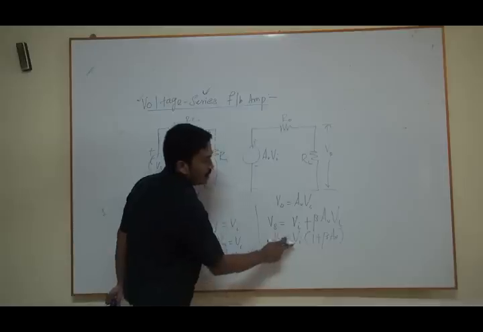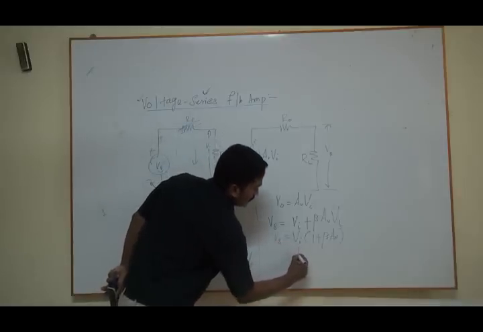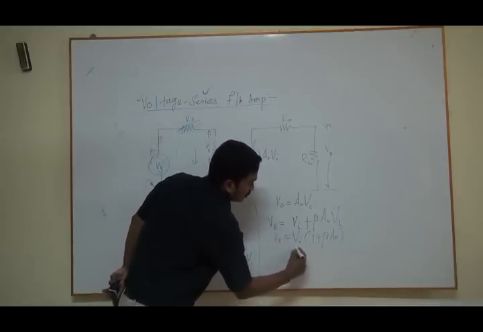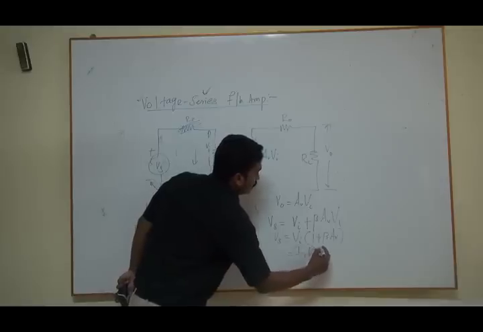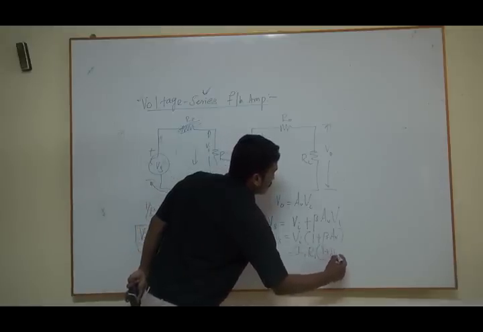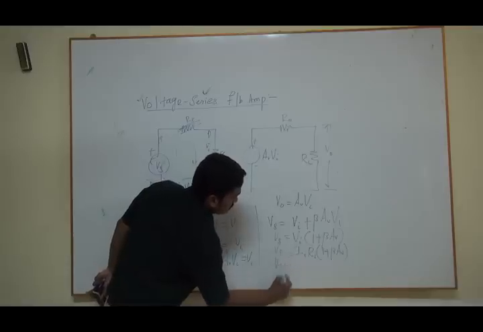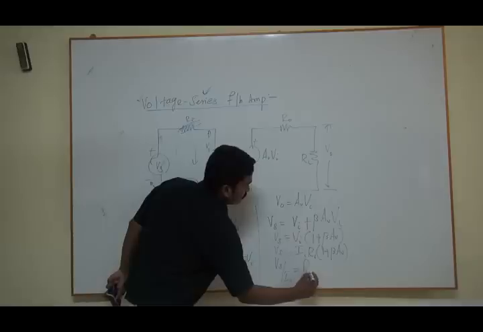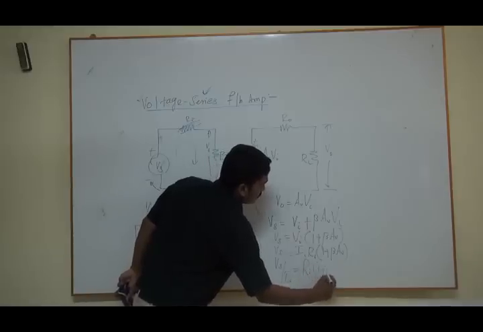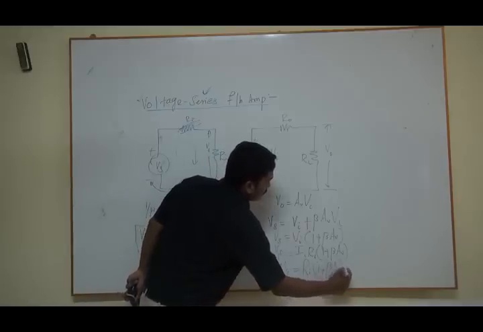Instead of Vi, you can write V is equal to I into R. So Ii into Ri into 1 plus beta AV is equal to Vs, and Vs by Ii is equal to Ri into 1 plus beta AV.